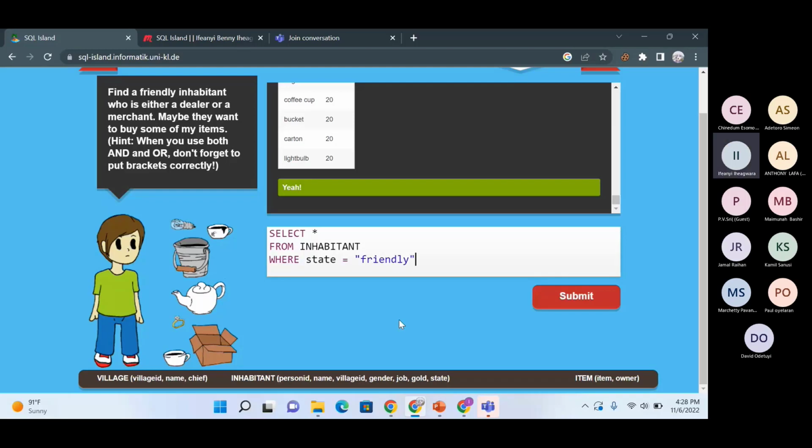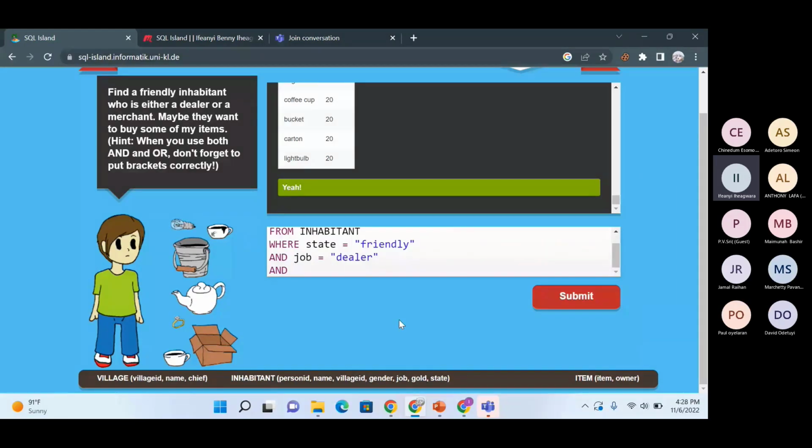Besides the person being friendly, we also want the person to have a job, and the person should be a dealer, like we wanted. But if we use and, we're going to get a problem because there's nobody that is a dealer and also a merchant. So here we're going to use the or. And here we can use where the column called job is also equal to merchant.